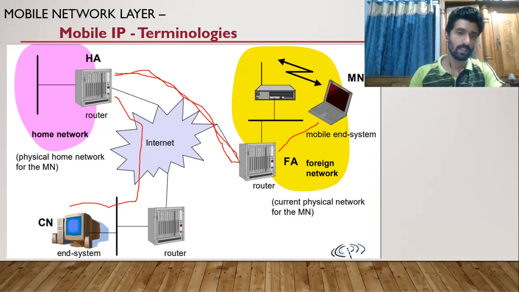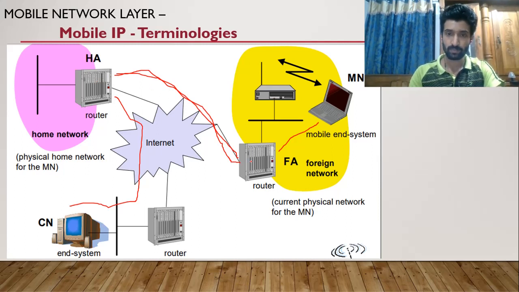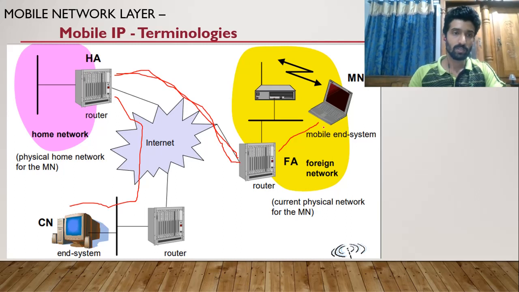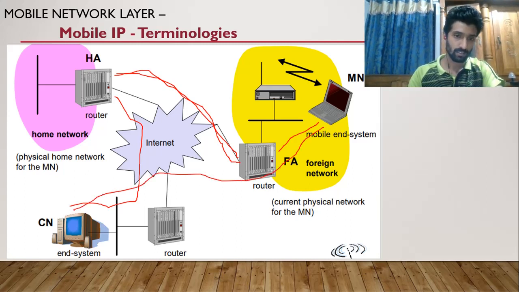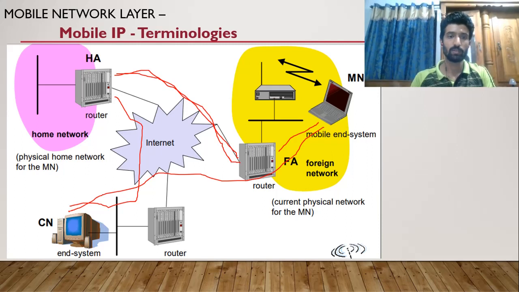It's an abstract tunnel, and it will forward the packet from the home agent to the foreign agent, and the foreign agent will deliver it to the MN. And if the MN wants to send back some message or acknowledgement to the CN, it need not go through this tunnel, because the MN knows the source address of the CN from the packet, so it can send directly. So this is how the proposed mobile IP system works.